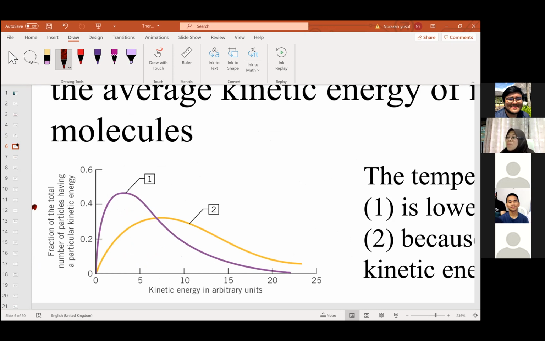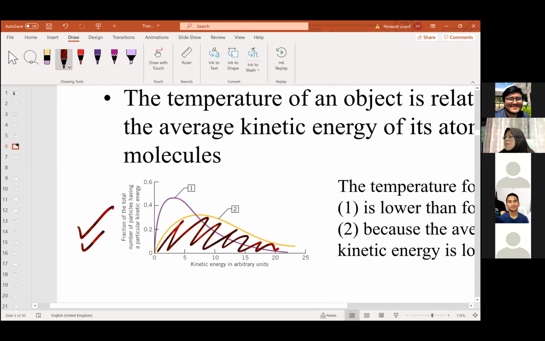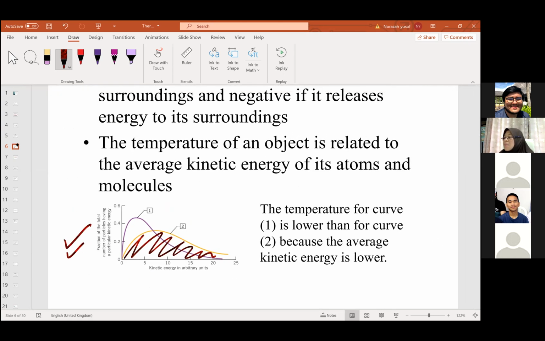The number of molecules that has a specific amount of energy is equal to the area under this curve, right? So now they are talking about the average kinetic energy of its atoms and molecules.